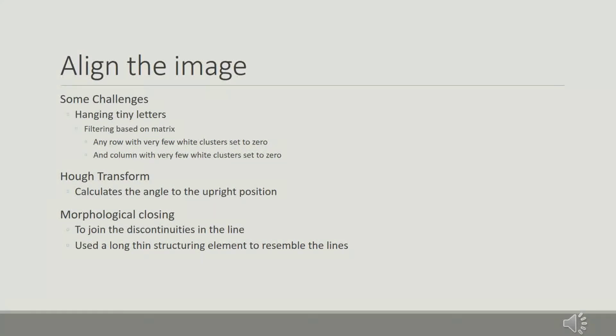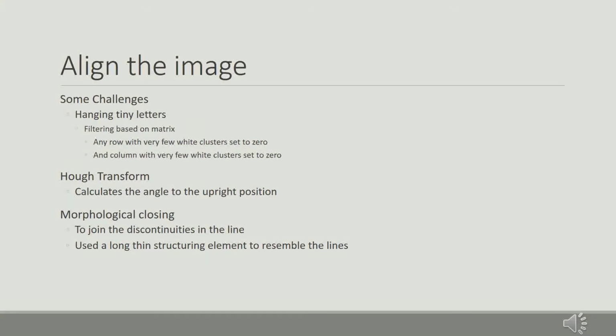So you apply the Hough transform. It will see those horizontal lines on the nutrition fact table and tell you the angle at which they were detected, and if you apply the negative of that angle on this particular image, it will be perfectly aligned.